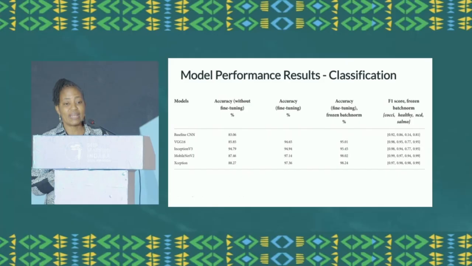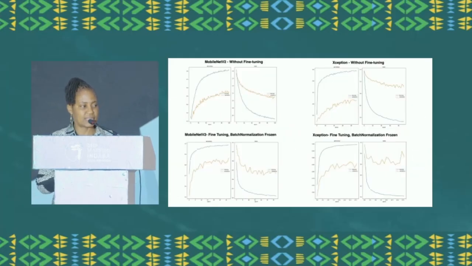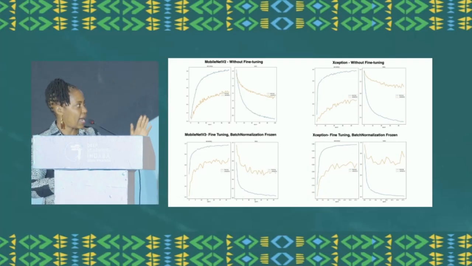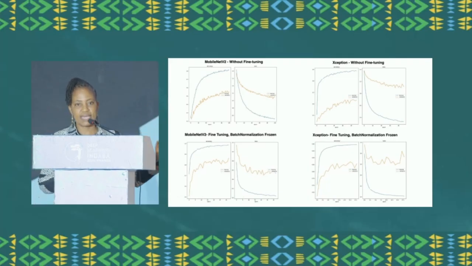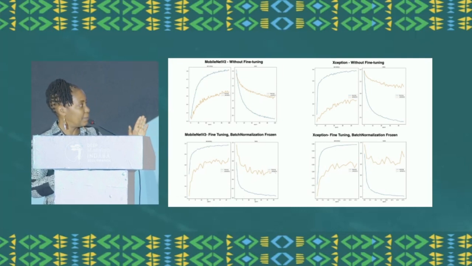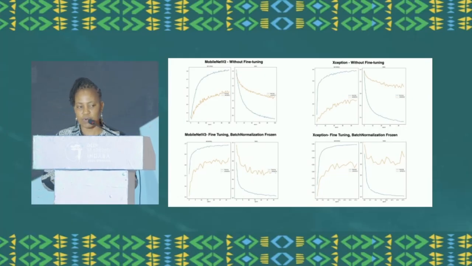We see the MobileNet V2 and Xception models performing the best. The corresponding accuracy and loss curves for the 2 models that performed very well are indicated there. If we observe the loss curve of MobileNet V2, it became stable from 20 epochs, while the one of Xception became a bit unstable after 20 epochs, indicating some degree of overfitting.